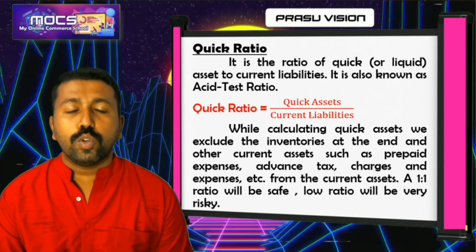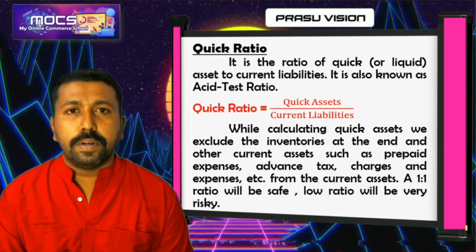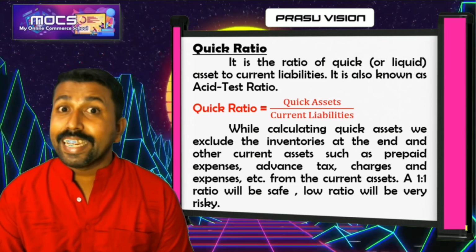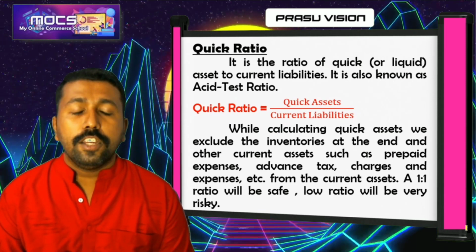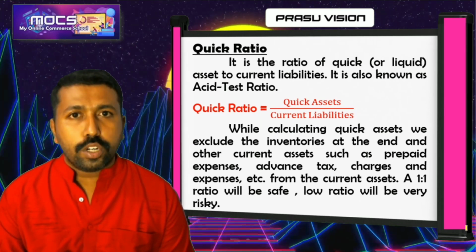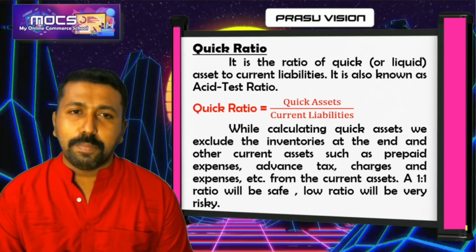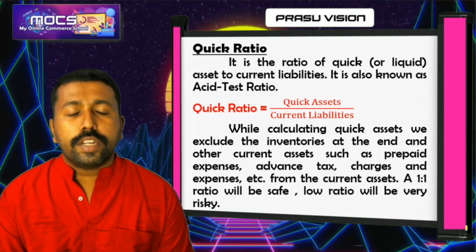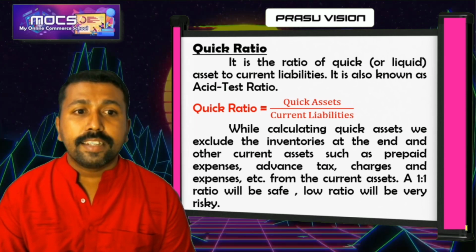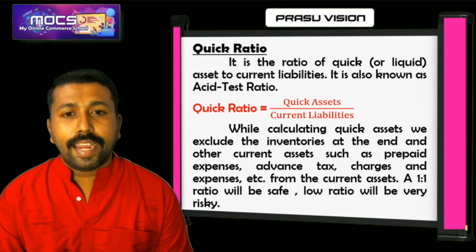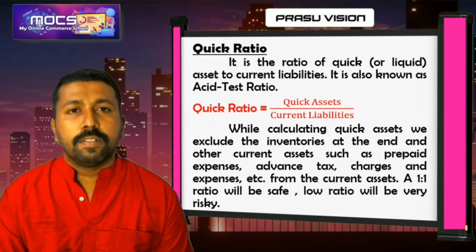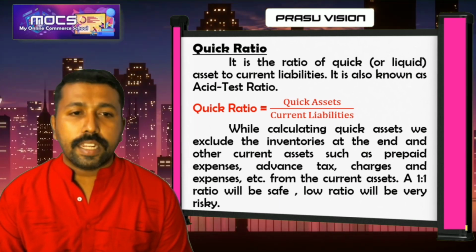But quick ratio shows the liquidity of the firm. That means how possible it is to convert the quick asset into cash within 1 month, how they are able to pay the short-term liability within a period of 1 month. So we do not need to consider items like prepaid expenses, advance taxes, any charges and expenses, or the item inventory.